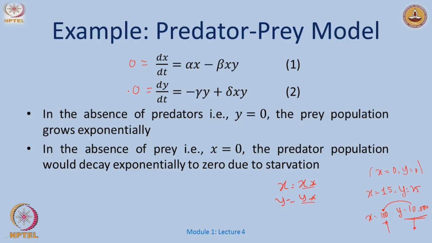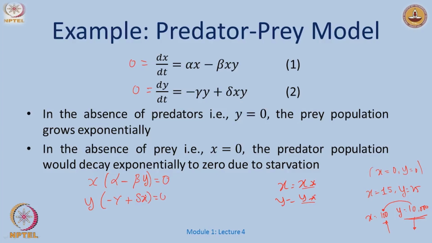Okay, let us see if this is possible or not. So, I have two equations here: alpha x minus beta xy going to 0, and minus gamma y plus delta xy going to 0. The first equation would mean x times alpha minus beta y is 0. The second equation would mean y times minus gamma plus delta x is 0.